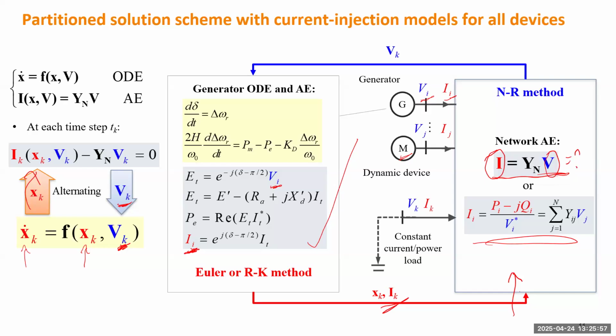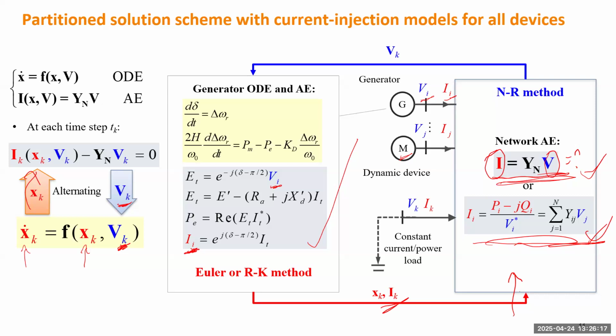There are two ways to solve this equation. The first one is I take this formulation and solve it as a power flow, like the Newton-Raphson method. There are some other simulators that don't solve this nonlinear equation. Instead, they solve this linear equation.